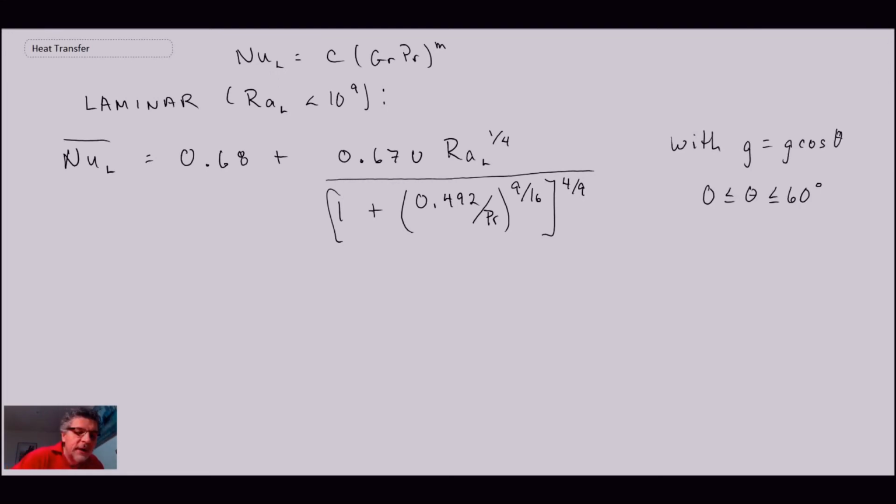So that's the correlation that applies if we have laminar flow. And remember, within the Rayleigh number, we have the Grashof number where the gravitational constant is, so we would make that substitution.